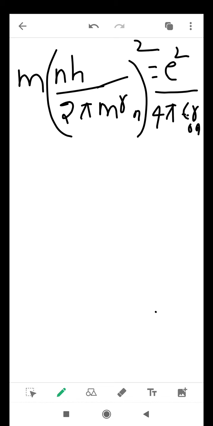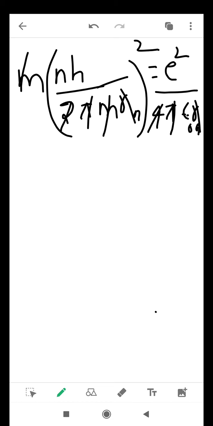Now you can cancel some of the terms here. I can cancel m, so one m remains in the denominator. Also I can cancel one Rn, also one pi, and this 4 and this 4.